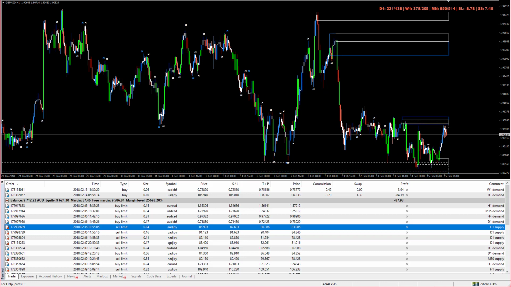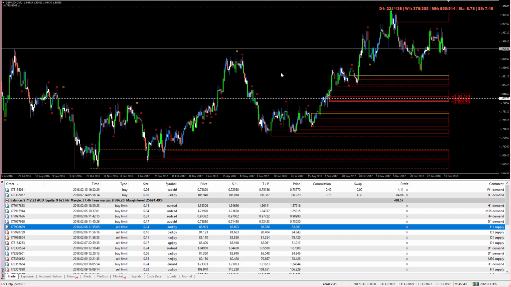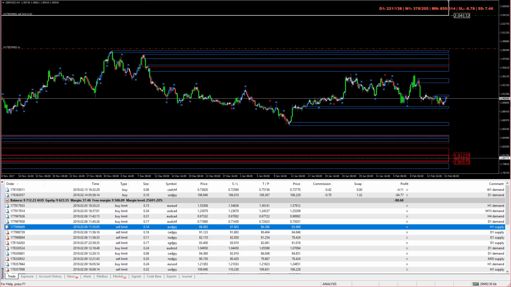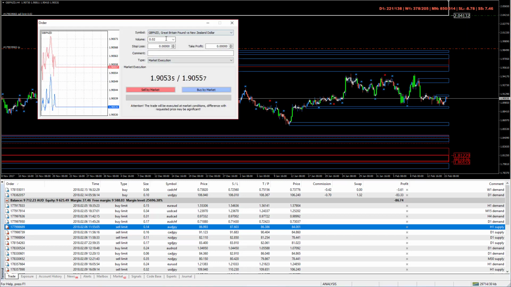Really go to the daily chart. 4 hours so we can actually see it. Let's move that away. Okay, so now I can see that. So this is one mini lot.